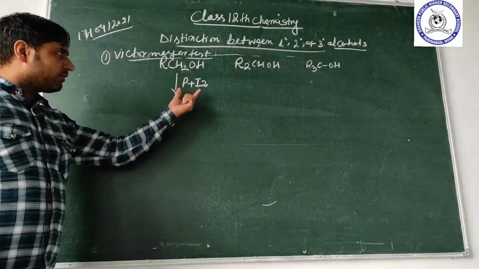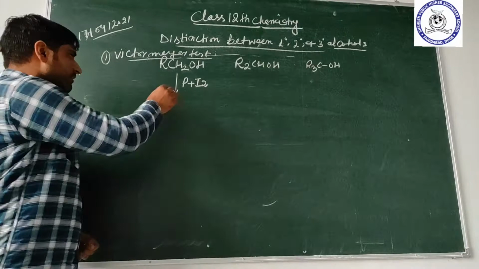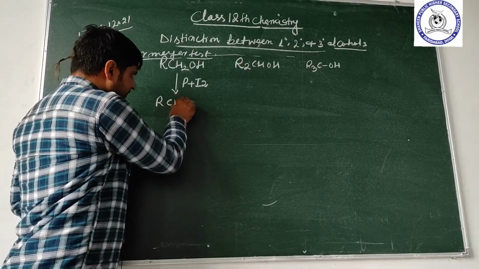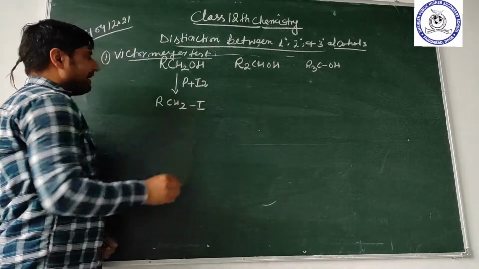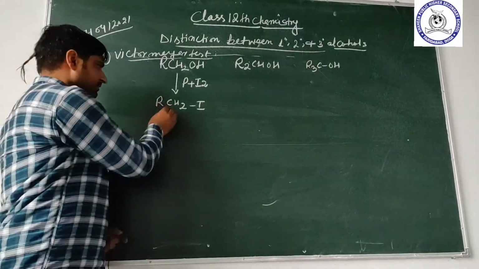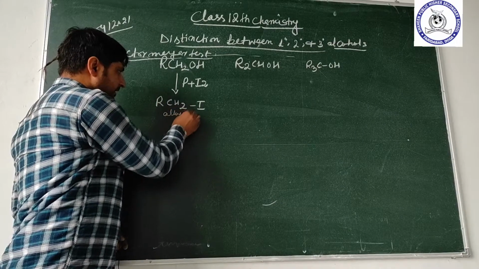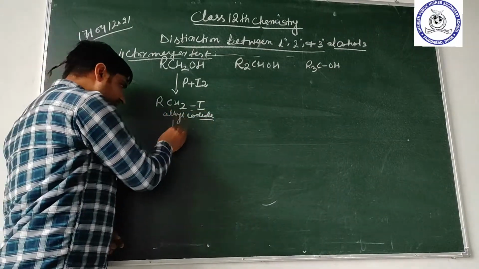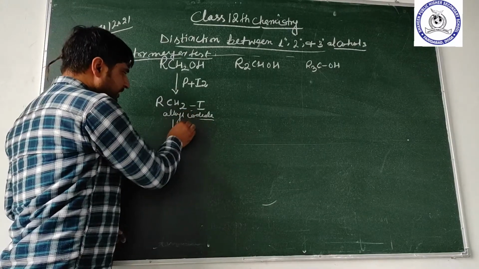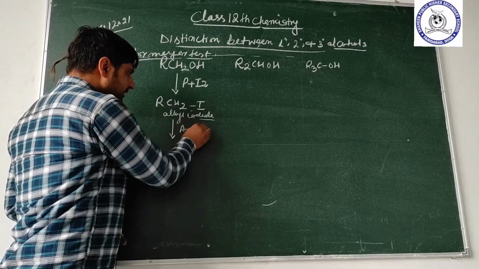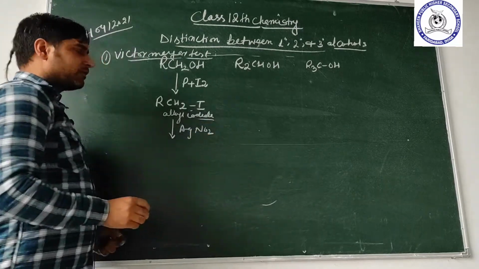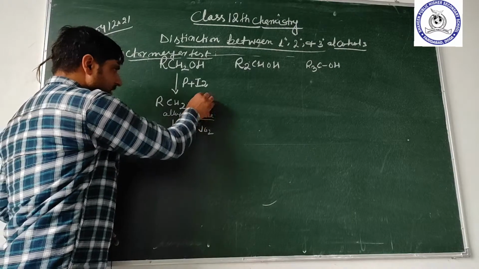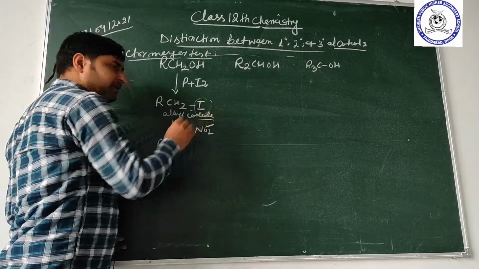When primary alcohol reacts with phosphorus plus iodine, alkyl iodides are obtained. In the second step, we react with AgNO2. The iodine is replaced by the NO2 group.